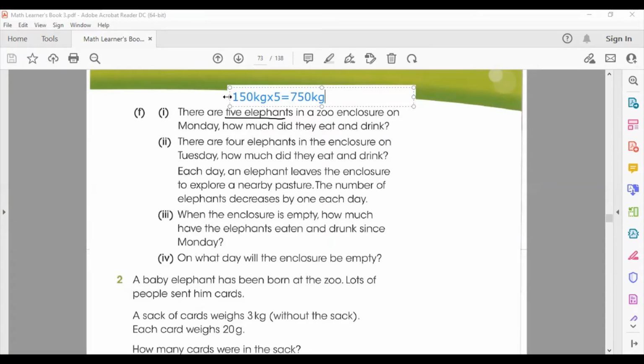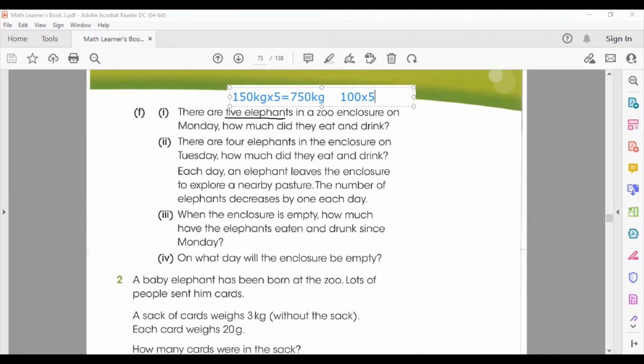And what about the drunk? How much did they eat? Eaten 750 kg done, and drunk on Monday by 5 elephants. So we need to multiply 100 by 5. Why 100?